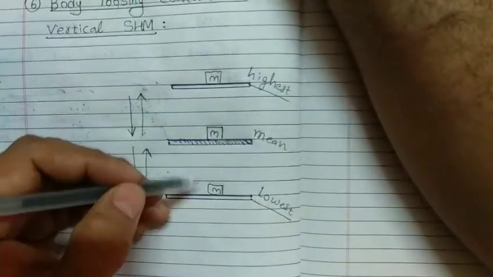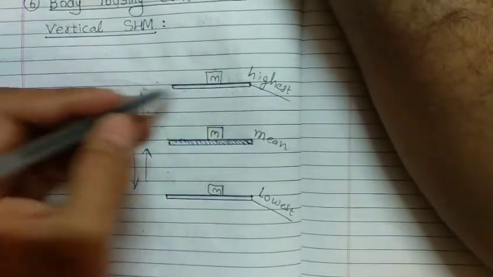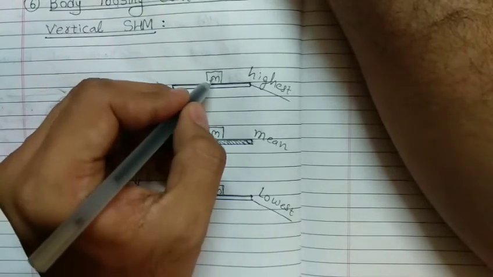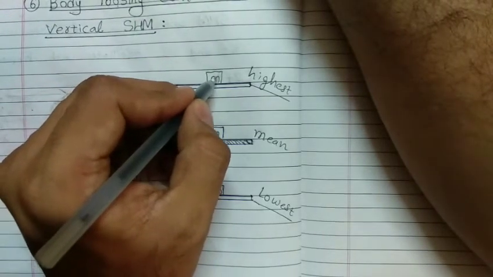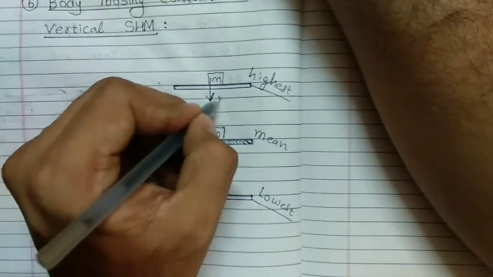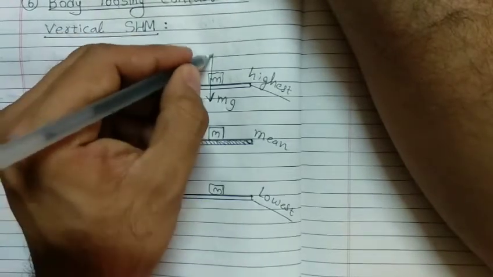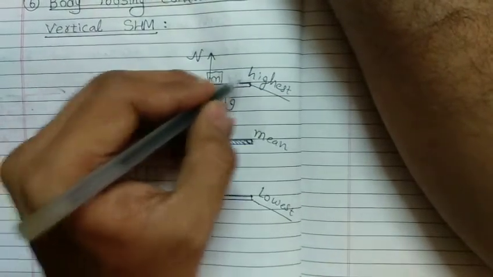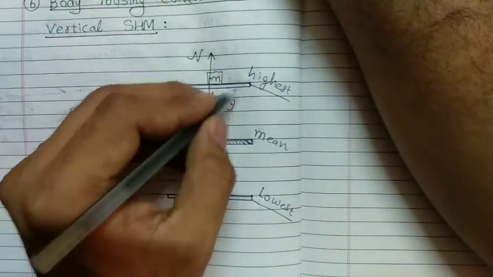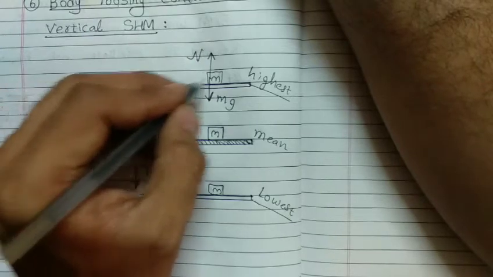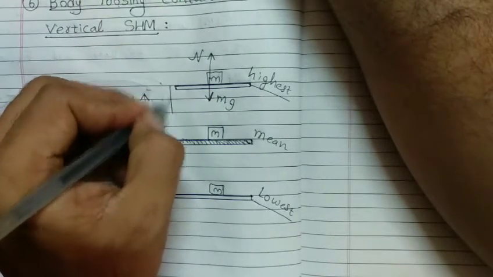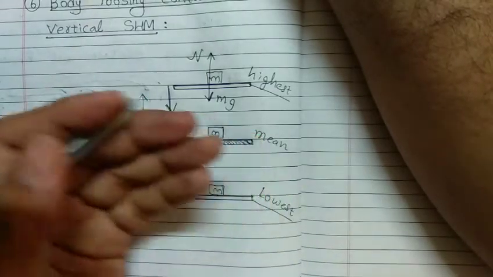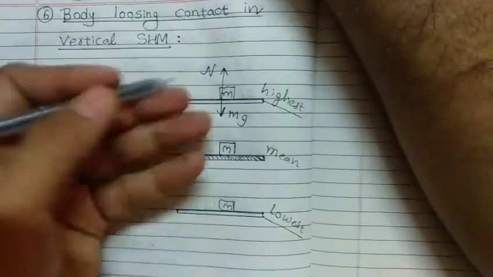Now look here. Suppose the body and the platform both are oscillating like this. At the highest point, the forces acting on this body will be: downward force mg, and the upward force will be the normal reaction, right? This you know. Now when the platform reaches the highest point, from there the platform starts falling down with acceleration a, because it is performing SHM.